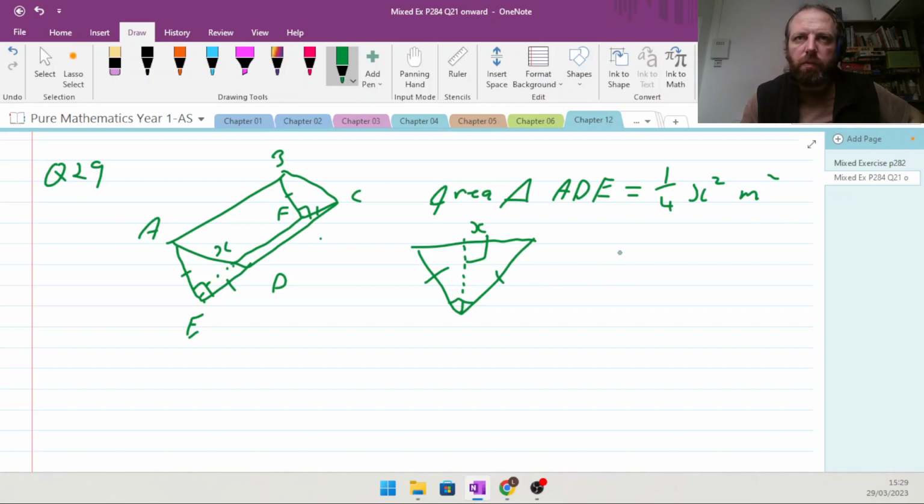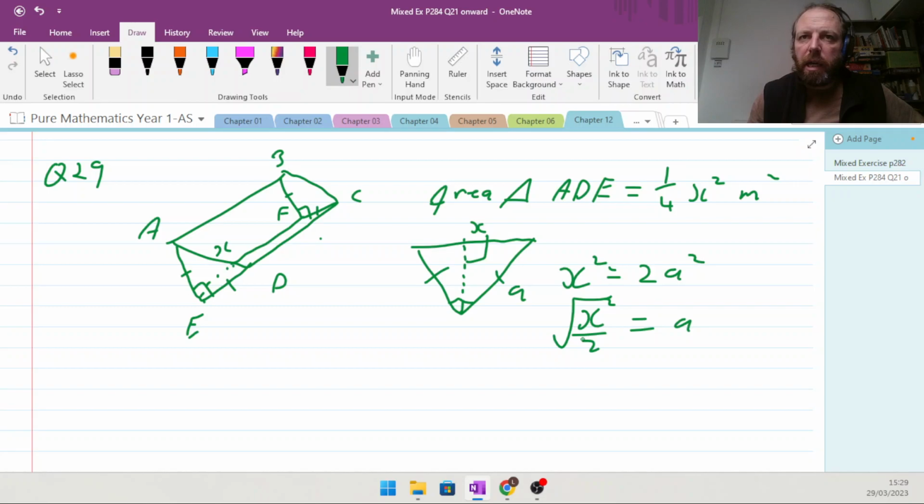Let's call these a for the moment. x squared is equal to 2a squared, so x squared divided by 2, square root of, is equal to a.